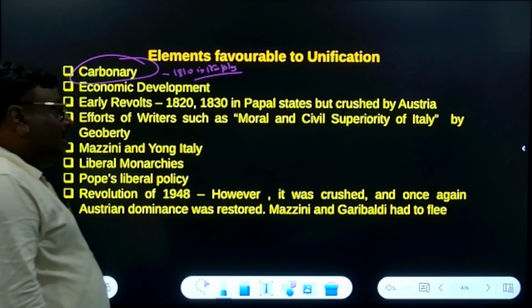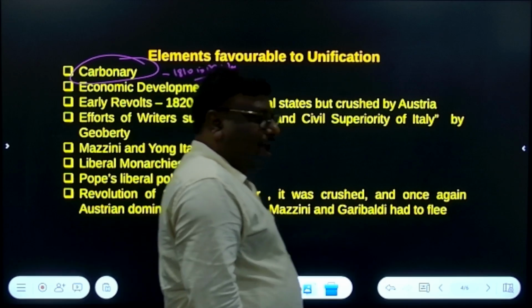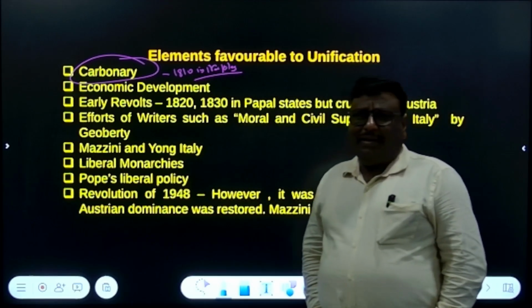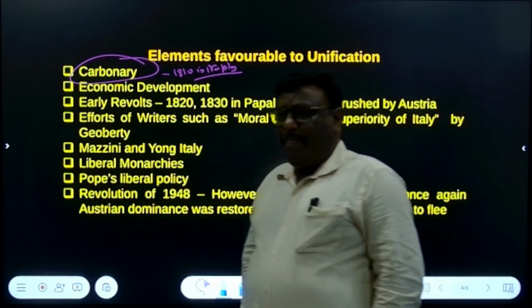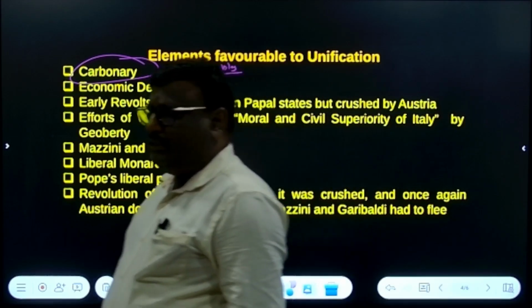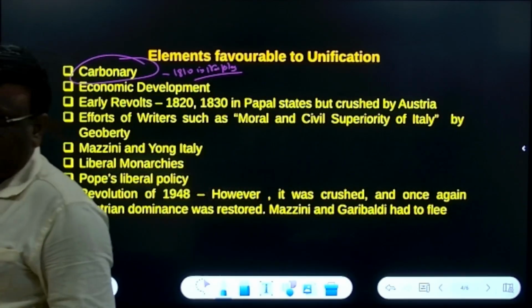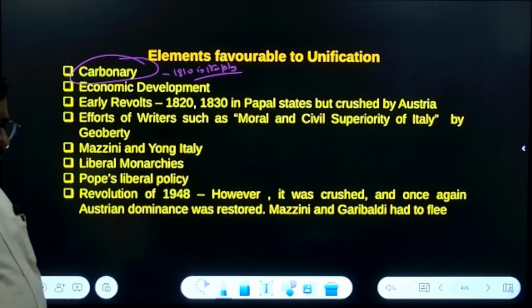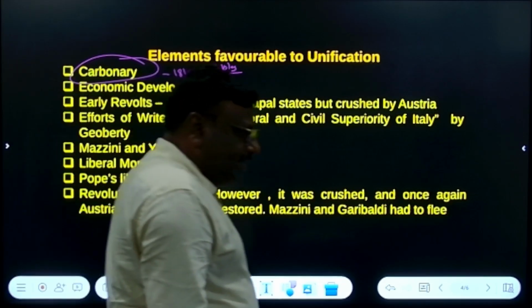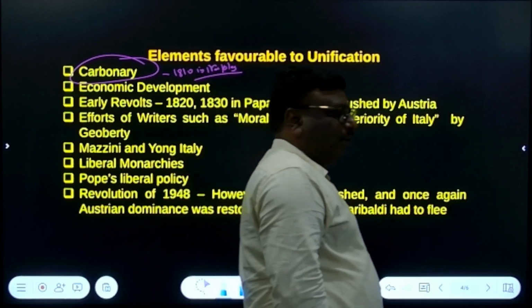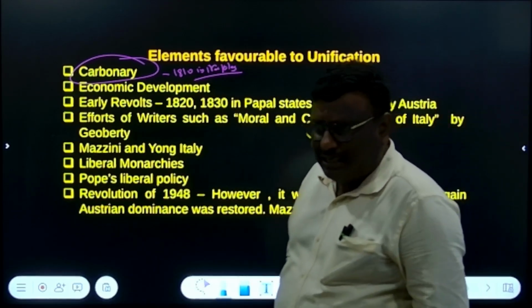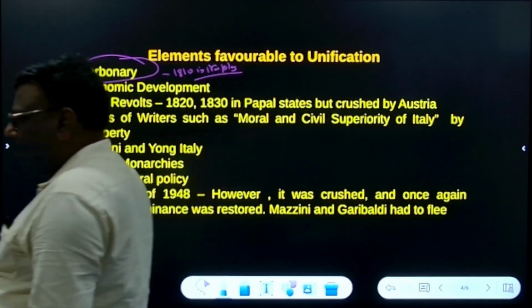Definitely this Carbonari raised a hope among the Italians that in future democracy could be established if all the people of the Italian regions could raise their voice against the foreign reactionaries of their country.